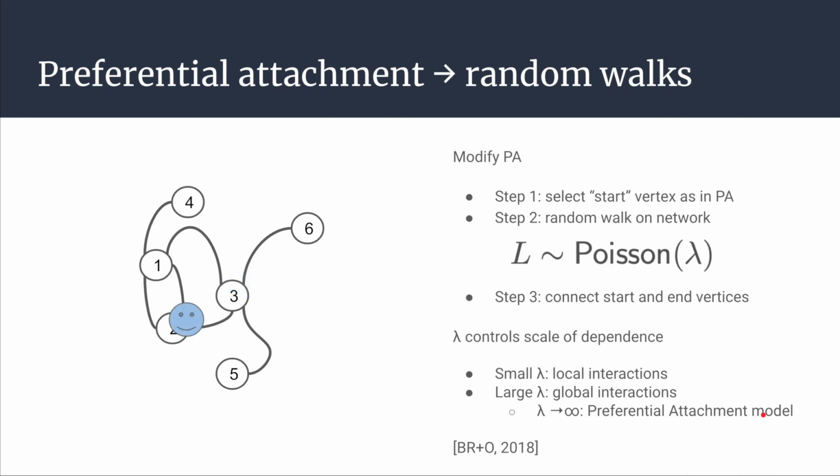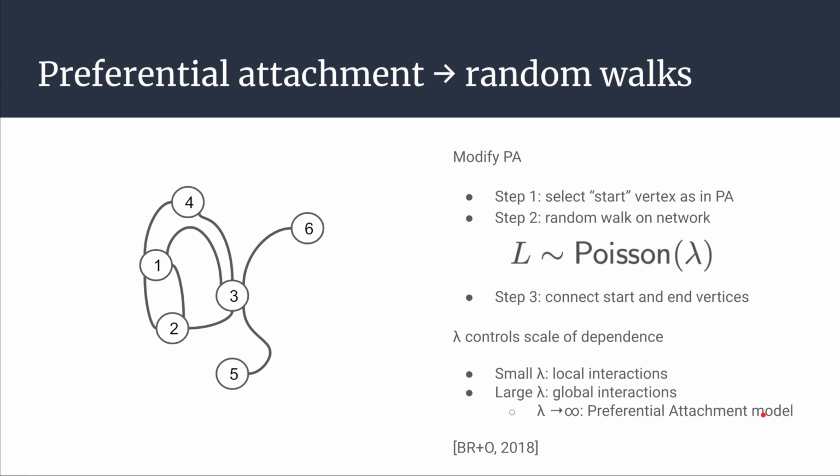So it moves here to vertex 2, and then to vertex 1, and so on, and we can make the length of that random walk random as a draw from a Poisson distribution with parameter lambda. And now at the end of the random walk, we just connect the start and the end vertices.